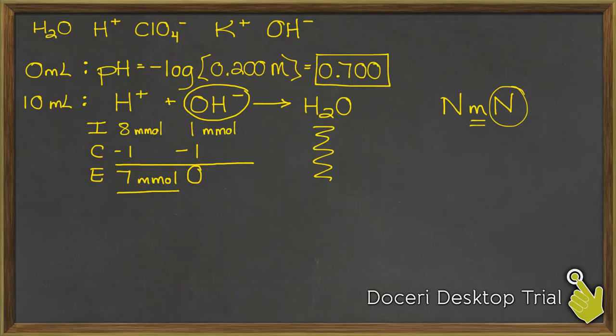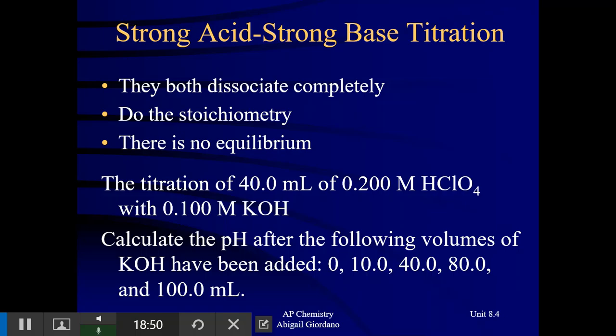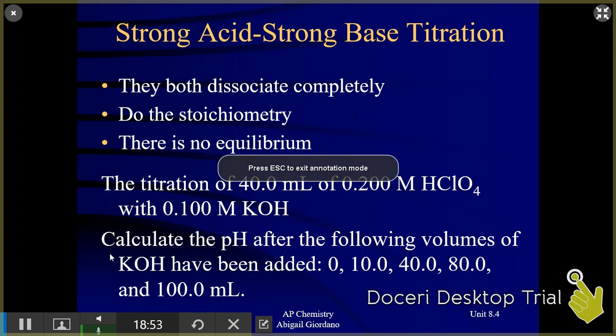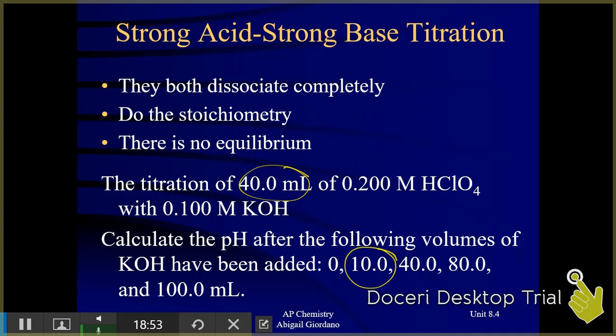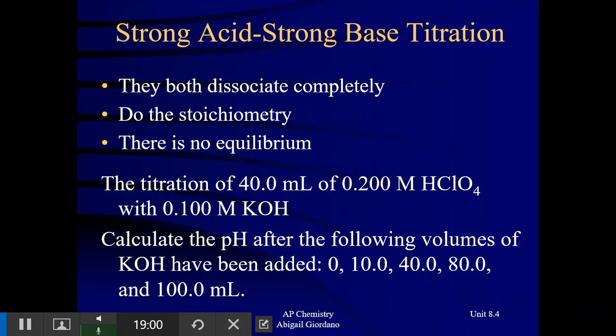Millimoles divided by milliliters equals molarity. Okay, usually we say moles divided by liters equals molarity, but if I'm in millimoles, millimoles divided by milliliters gives me molarity. Now, what volume do we divide by? 40 plus 10. So 50.